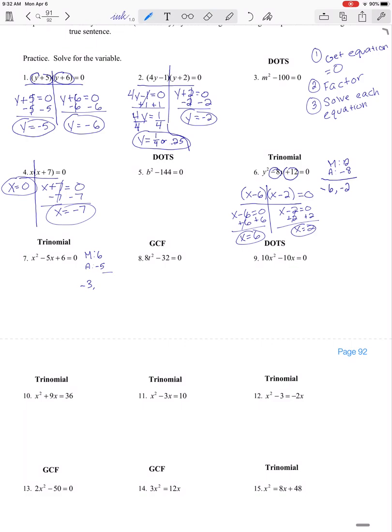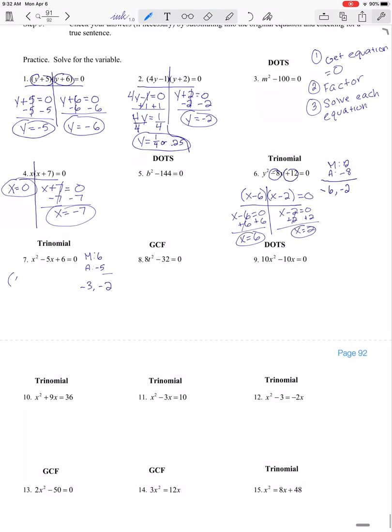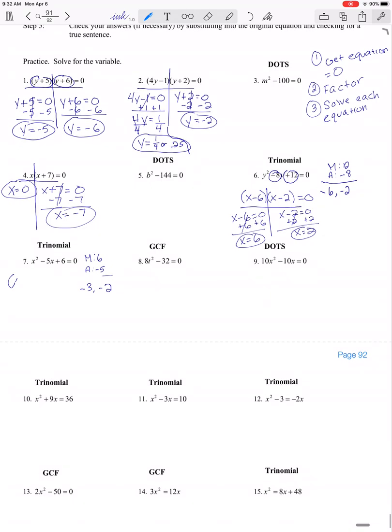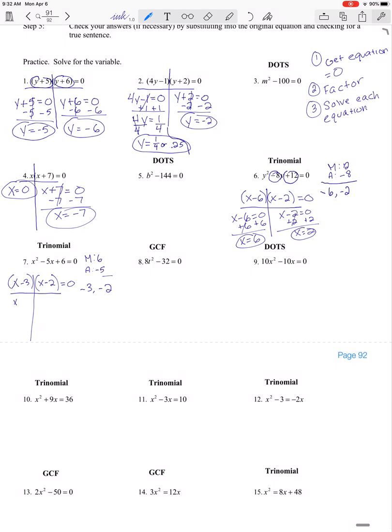Sorry about that. So we have x minus 3 and x minus 2, and we set them equal to 0. So I set both sides equal to 0.